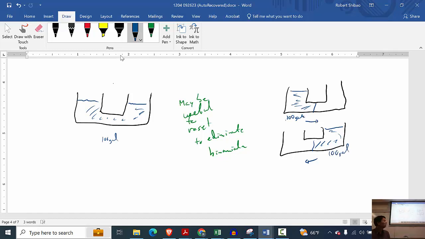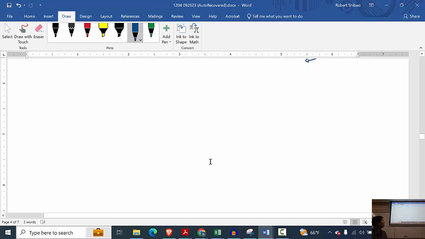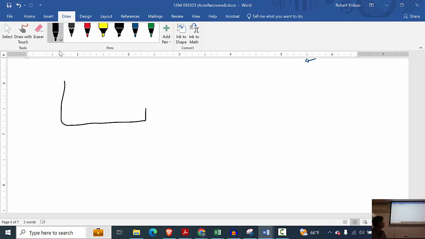Now, it makes a difference if one side is heavily biased over the other. So in the previous example, what we saw is that the equilibrium heavily favors the left side here.